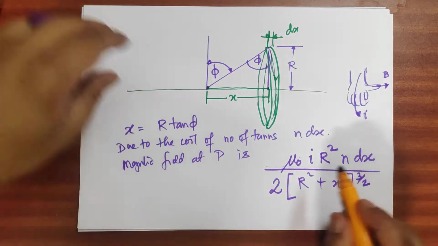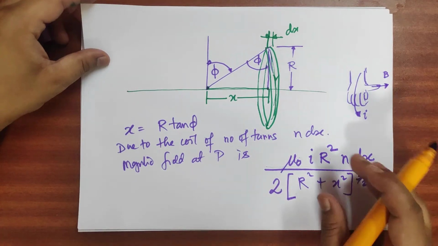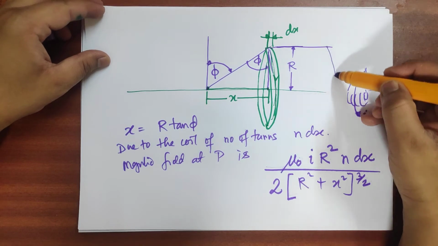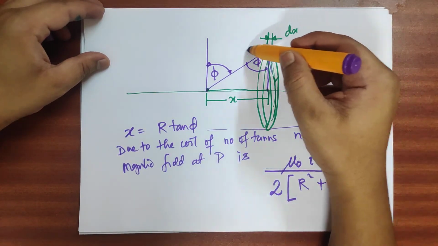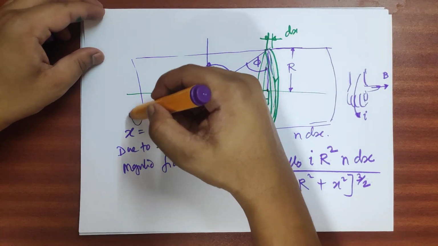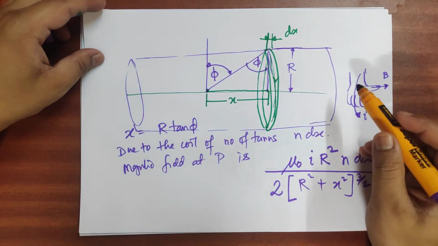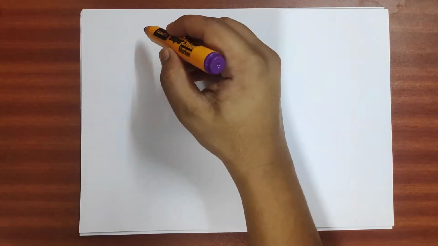Okay. This is due to the coil. So what is the total field? For the total field, you have to add up all the coils. If you include all the coils, then there's a full solenoid actually. So phi will vary from where? Let's see this diagram again.